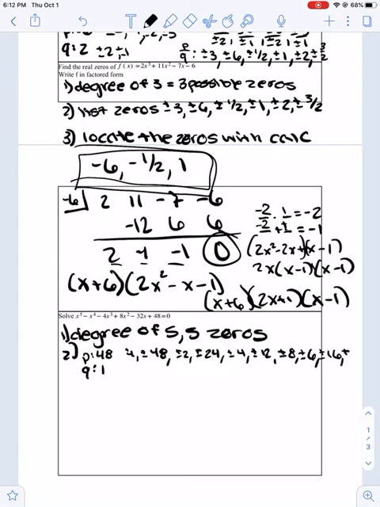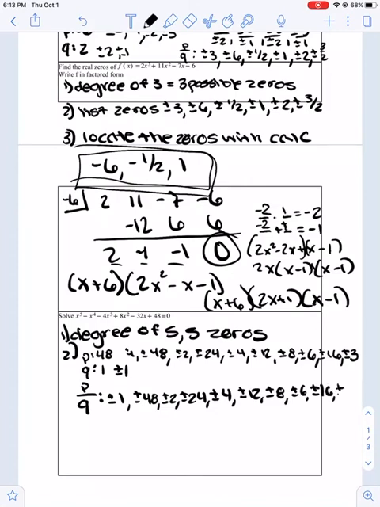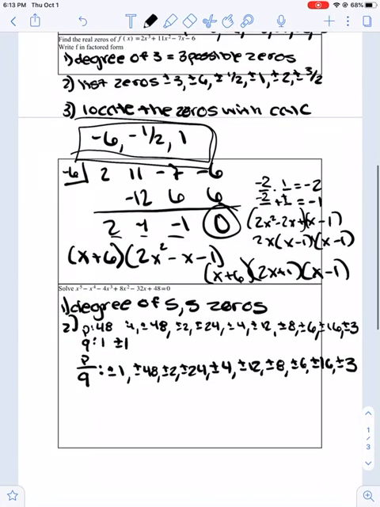So plus minus 16, plus minus 3. And then factors of 1 are just plus minus 1. So if we go ahead and do p divided by q, we just get what we listed above of plus minus 1, plus minus 48, plus minus 2, plus minus 24, 4, 12, 8, 6, 16, and 3.